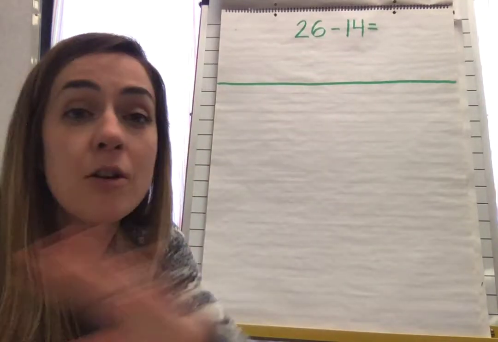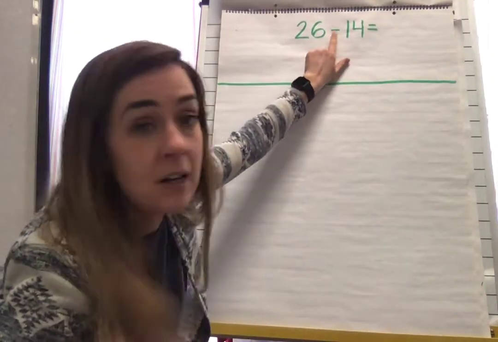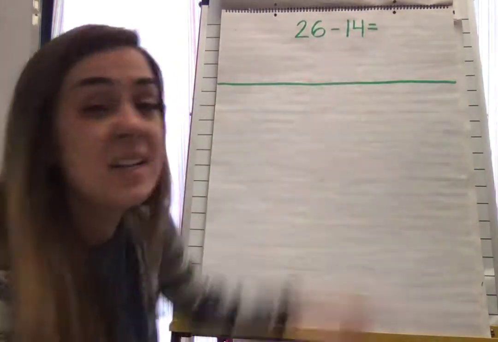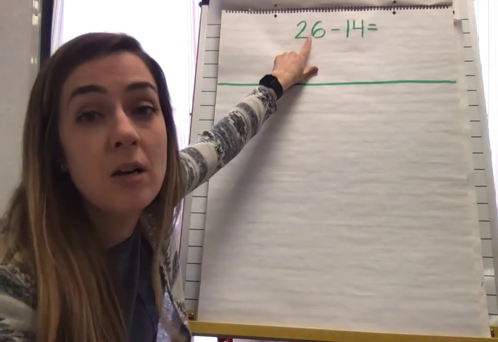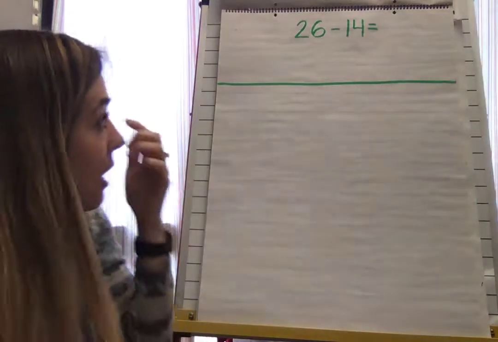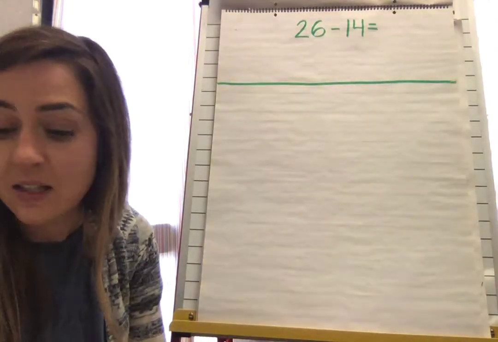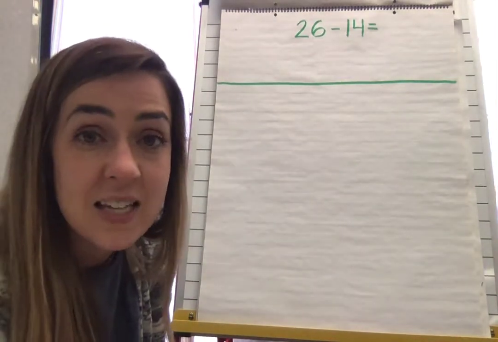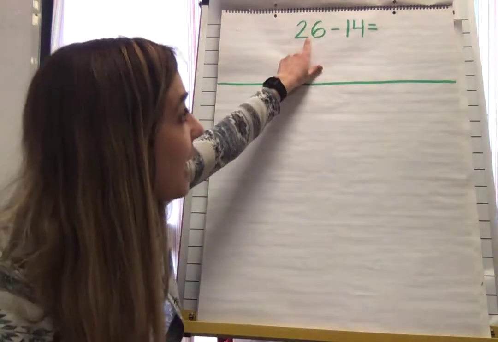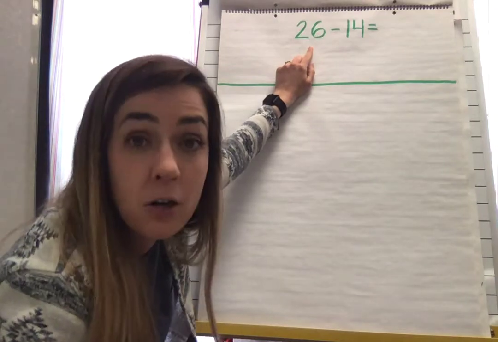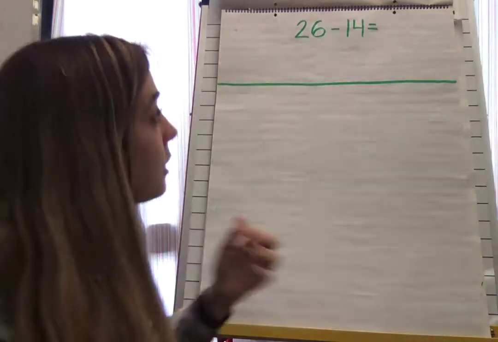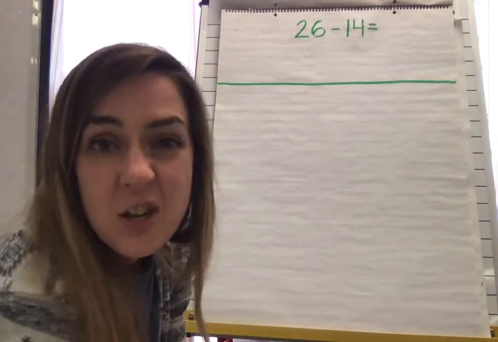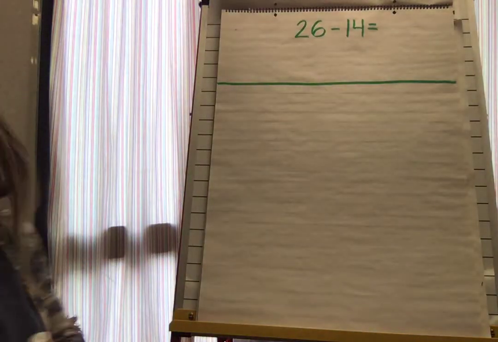You can put either number on either side of our plus sign, but in subtraction, you have to put the bigger number first. All right, the other difference is when you're doing a subtraction problem and you're using base 10 to solve it, you only have to build the bigger number, or the first number. You don't have to build the second number. You really shouldn't. It might get too confusing that way.